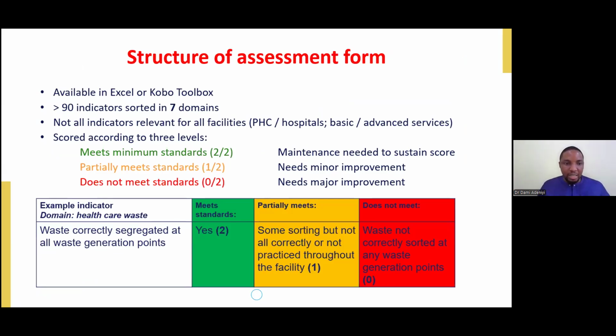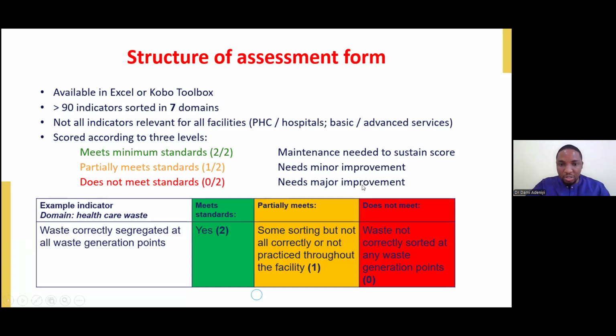This is a classic example. Under the healthcare waste management domain, you can have a question that says, waste is correctly segregated at all waste generation points. If the answer is yes, at all points, emphasis on all, you tick yes, and the score automatically will be 2.